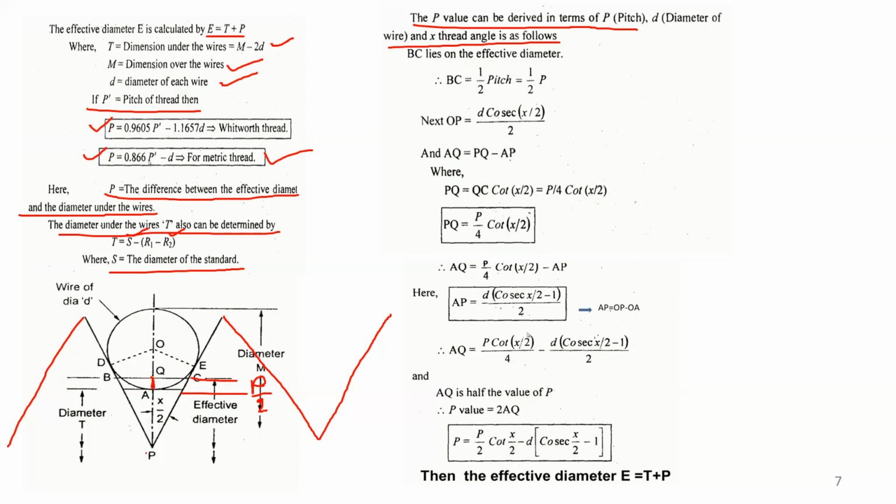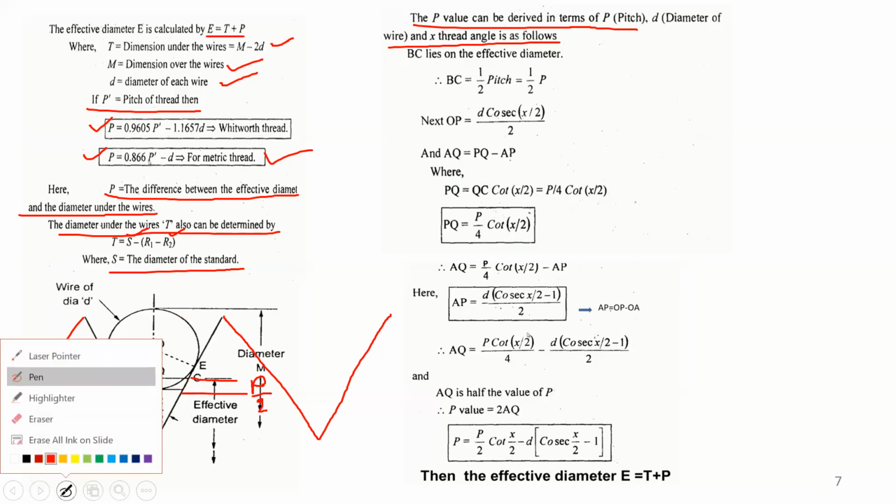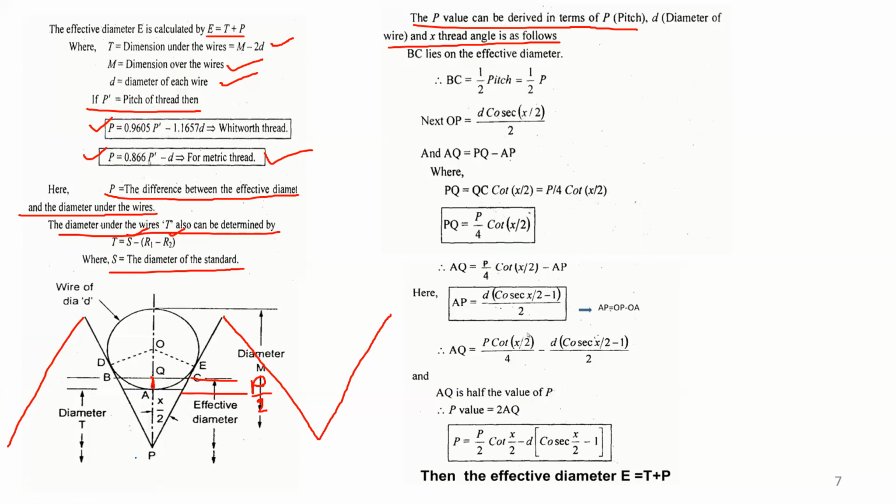So AQ is equal to PQ minus AP, right? By using this, this is the diameter of the best wire. Here BC is lying on the effective diameter, this BC, and this is the effective diameter line.